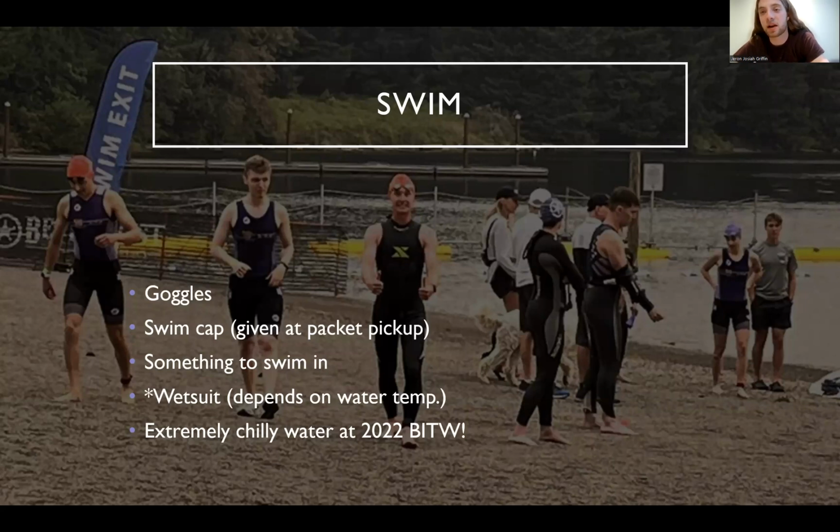Every single race that I've done, except for one really weird one that was a pool swim, you get a swim cap. So I usually bring an extra swim cap just in case, but every single one on the list that we mentioned earlier should give you a swim cap, because that denotes what wave you're starting in. So you have to wear that swim cap.